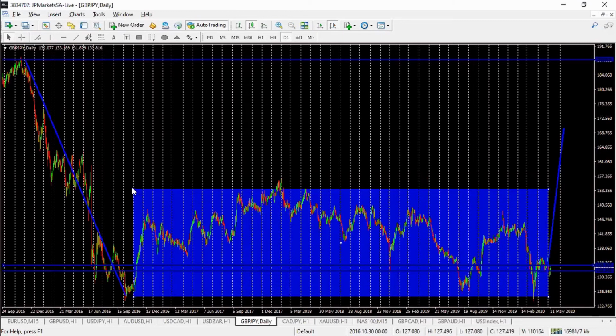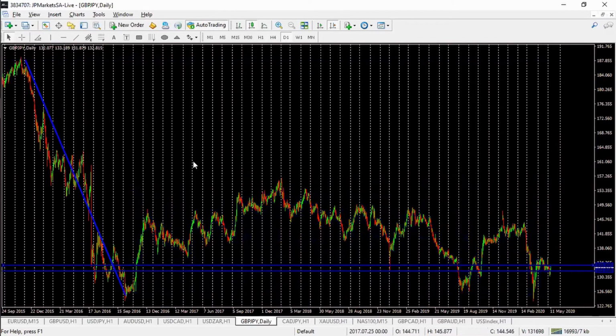But which you can see in a higher time frame, basically I'll be waiting for it to break this high here of the year 2017.